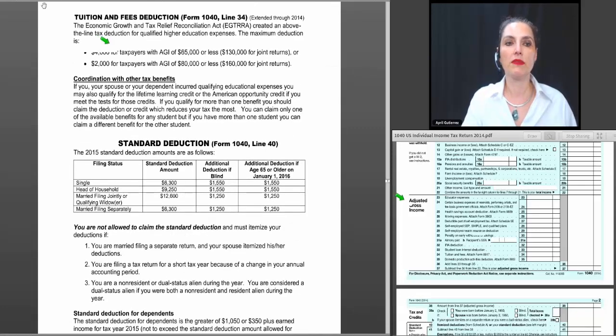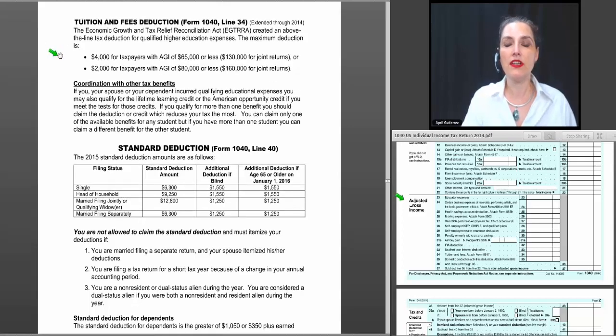And the final adjustment item we're looking at is the tuition and fees deduction. It was extended through 2014, but is now expired for 2015, unless it is extended by future legislation. For 2014 and earlier years, you are allowed to deduct up to $4,000 as an adjustment to income if your AGI is $65,000 or less if you are single, or $130,000 or less if you are a joint filer.